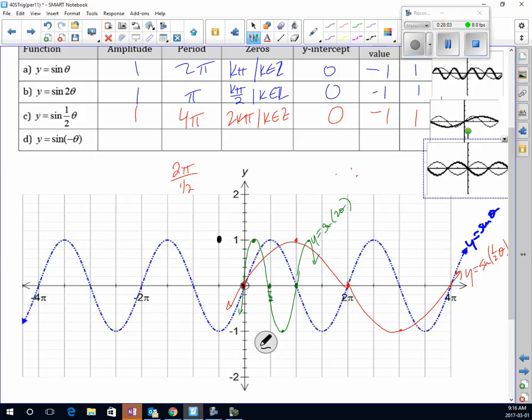And actually, it might be easier to do it as a, right? Okay, so I'm going to make mine thinner because I don't like it. Y equals sine of negative theta. Okay, so amplitude still is the same. The period's still the same. It just got reflected. The zeros are still the same. Everything's all the same. Yes?